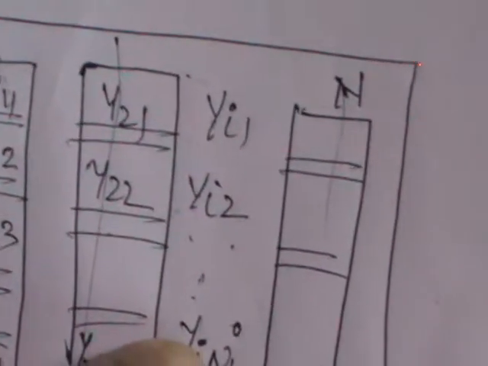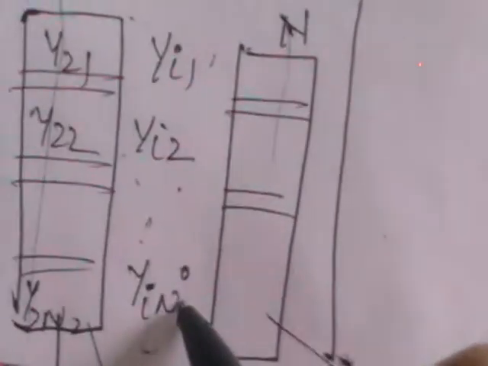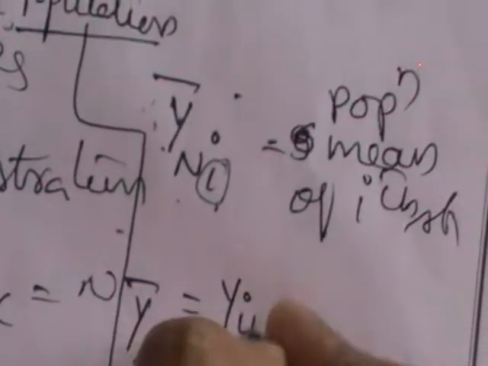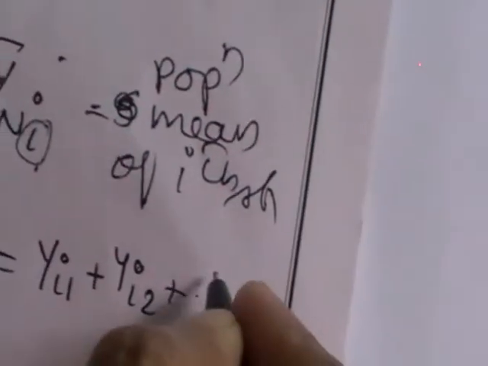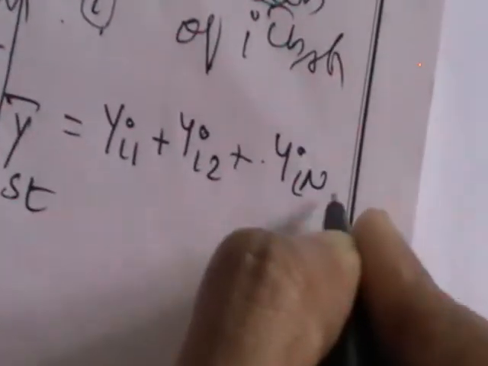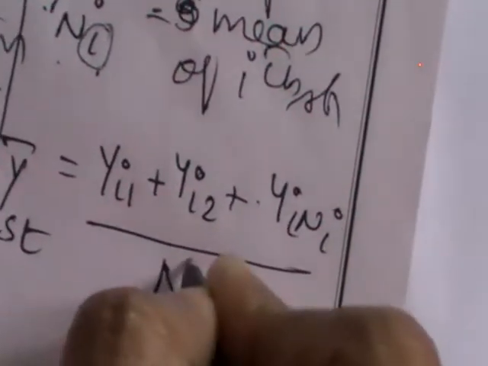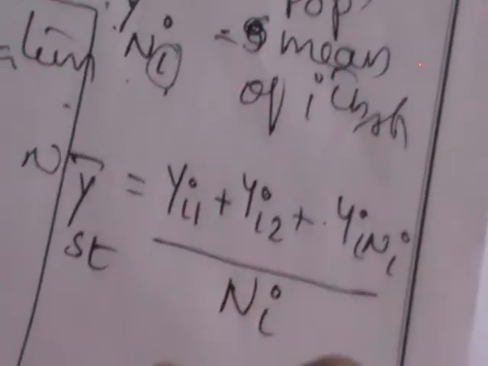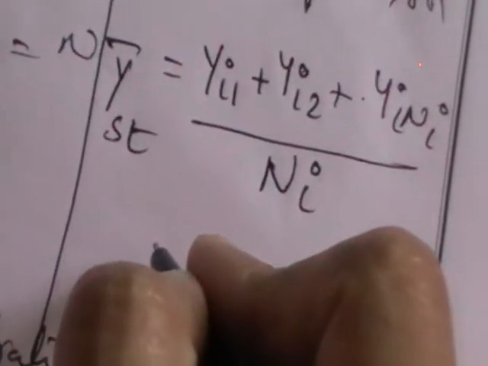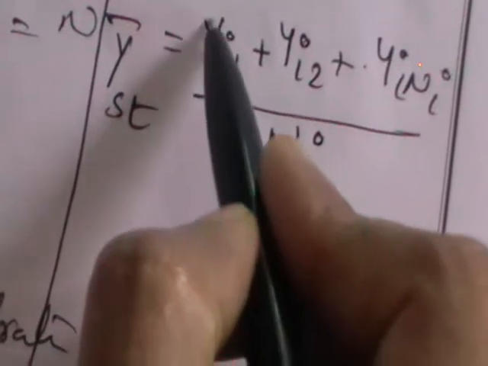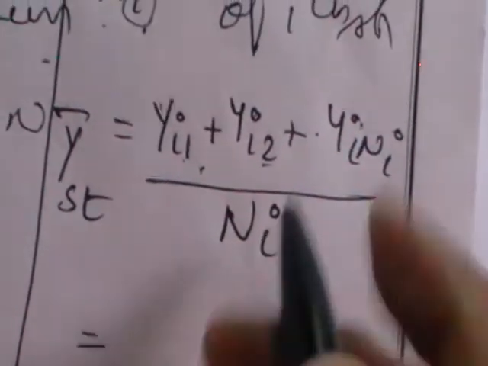What is the size of the ith stratum here? 1 to Ni units you have, means you are adding Ni units: Yi1 plus Yi2 plus so on up to YiNi. Mean means sum of the units by number of units, so sum of Yi1, Yi2 up to YiNi, divided by Ni.